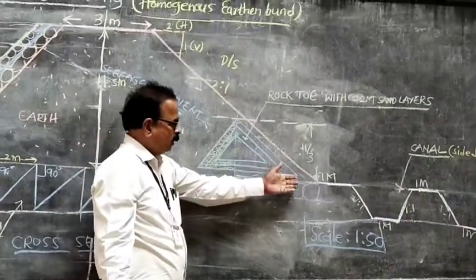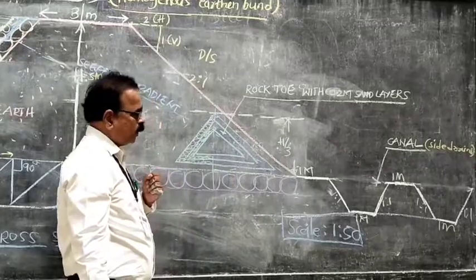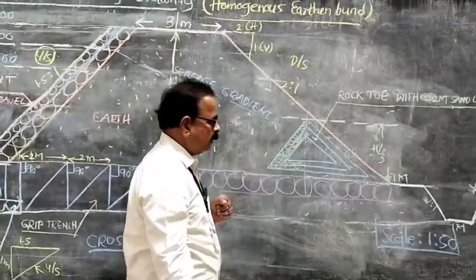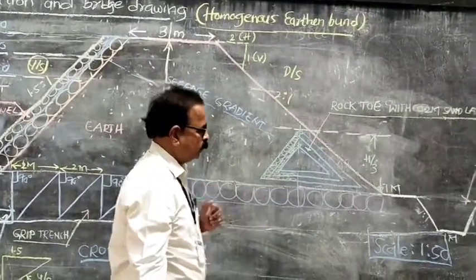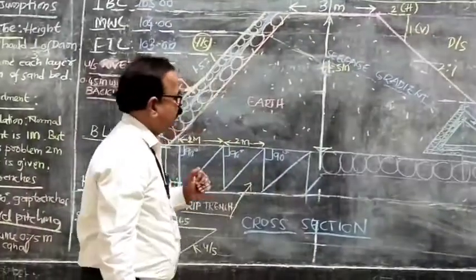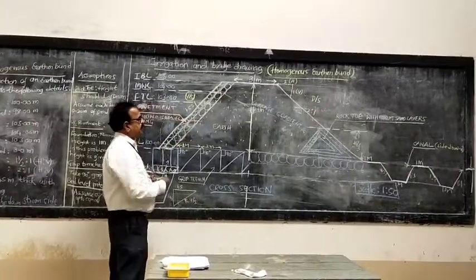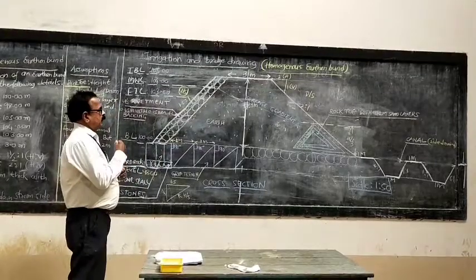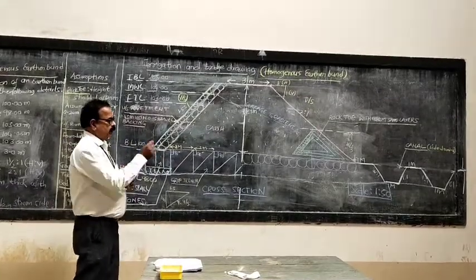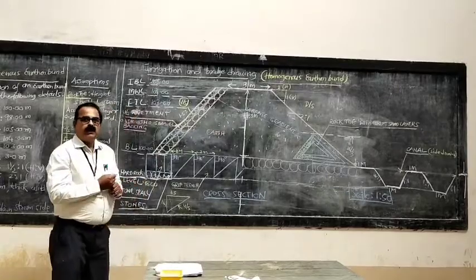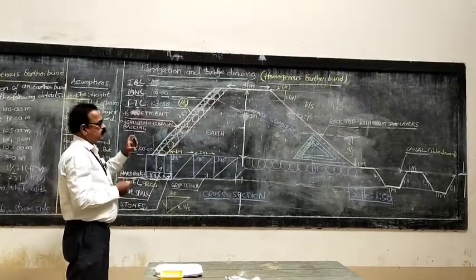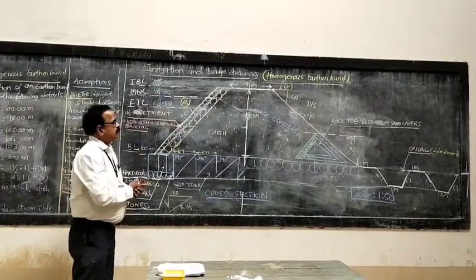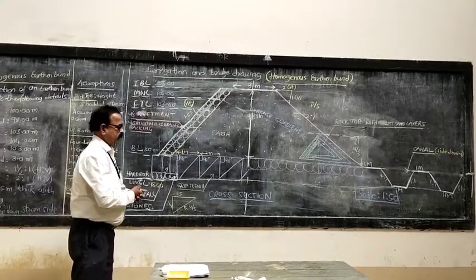You can assume 1 meter, and the side slopes 1:1, which is as per the Indian standard, and complete 2 canals. And afterwards you come to the seepage gradient, which gives the line joining the maximum water level to the bottom of the water in the earthen bund. That shows the nature of the water which is flowing in the earthen bund.